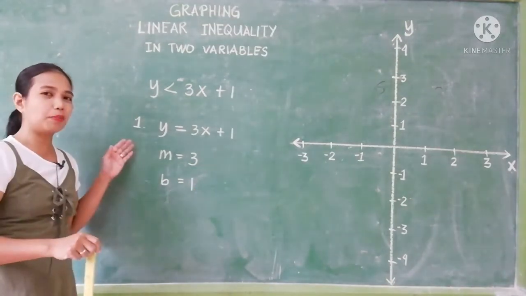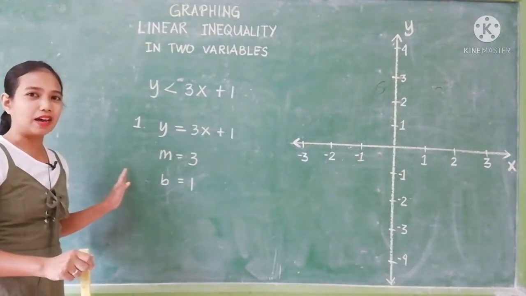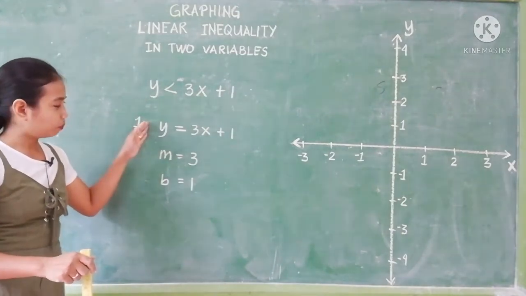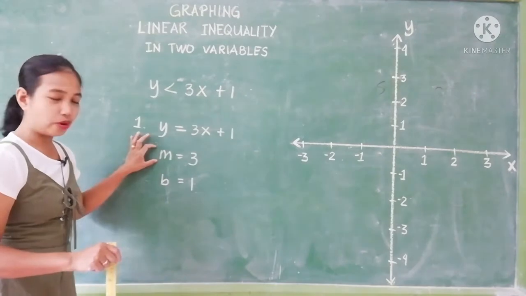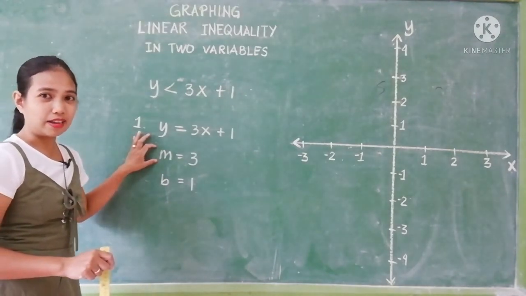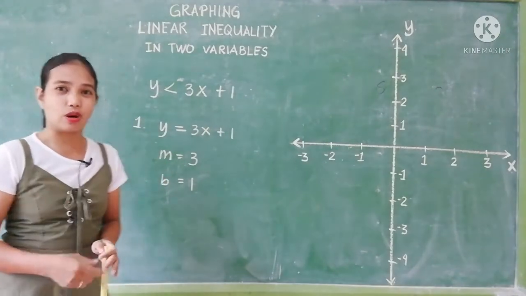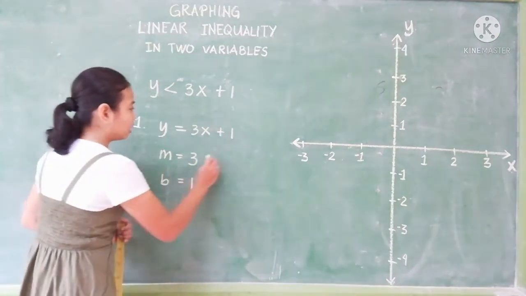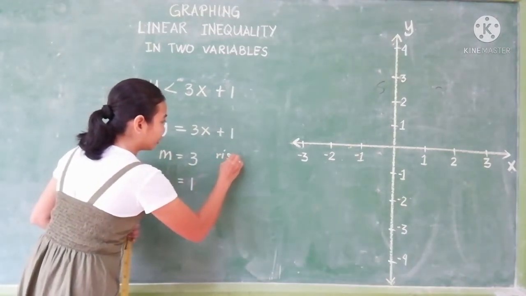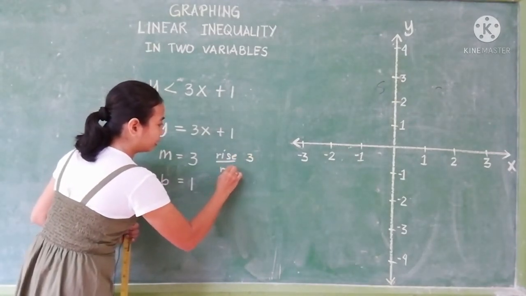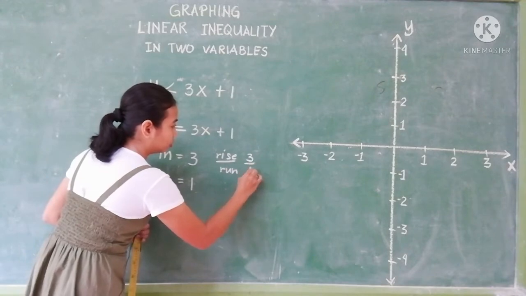Coming from this information, madali nating magagraph, okay, ang linear equation na ito. At pwede pa natin makuha from the value of m kung ano ang rise at kung ano rin yung run. Remember, the slope is rise over run. So in here, the rise is 3 and the run is equal to 1.